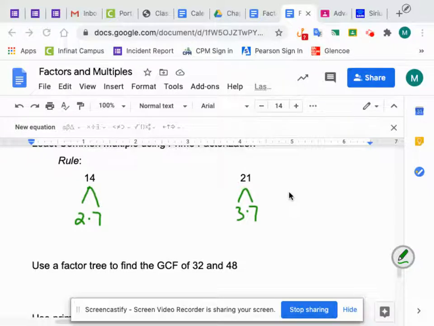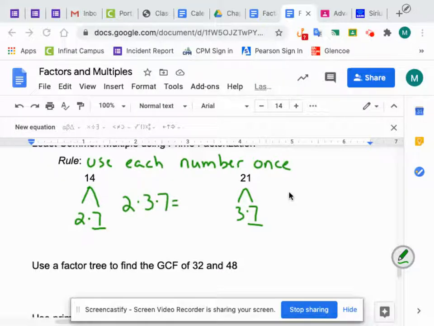So my rule here is I'm going to use each number once. I see that there are 2 7s here, I'm only going to use that number one time. So I'm going to put 2 times 3 times 7.